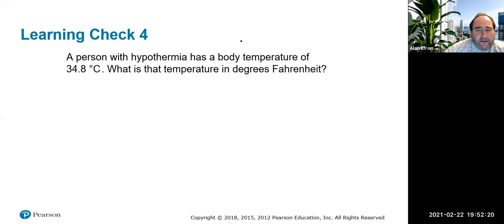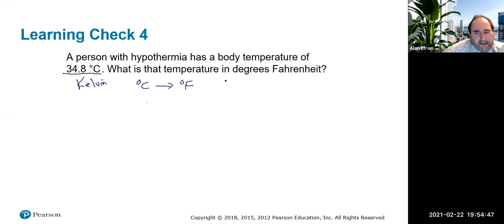So let's take a look at one here. A person with hypothermia has a body temperature of 34.8 degrees Celsius. What is the temperature in Fahrenheit? And to finish it up here for today, we'll do Kelvin as well, just to make sure. We'll start with the one that's in the question, going from Celsius to Fahrenheit.